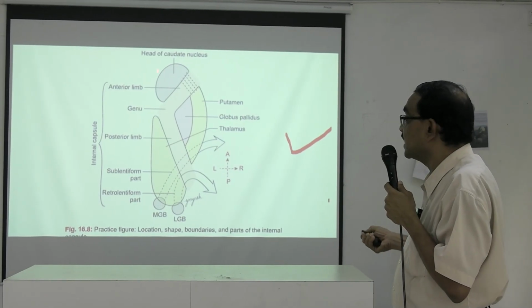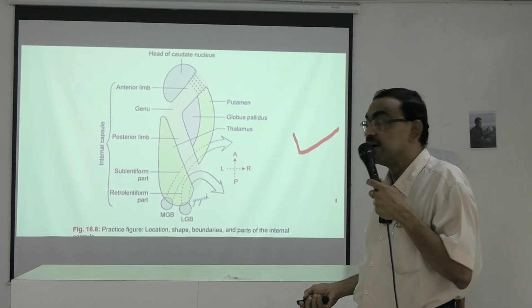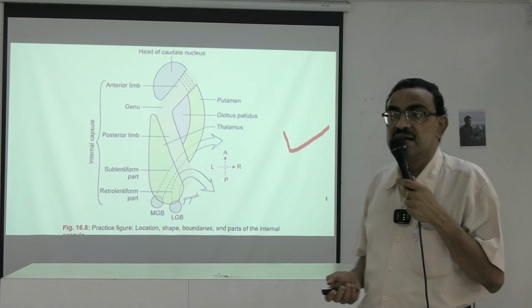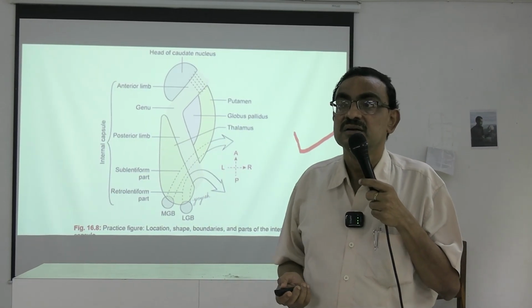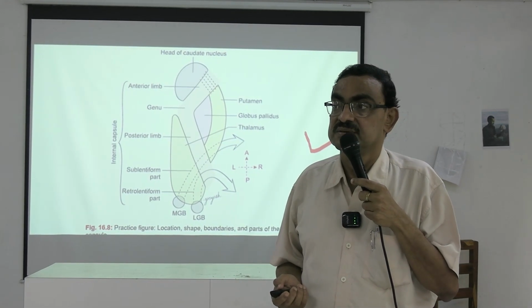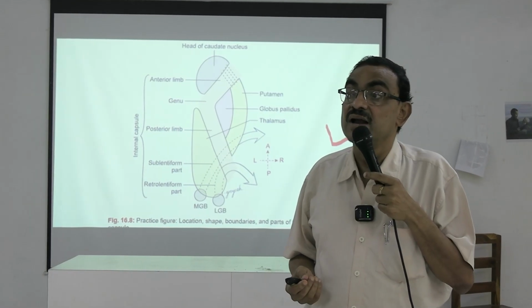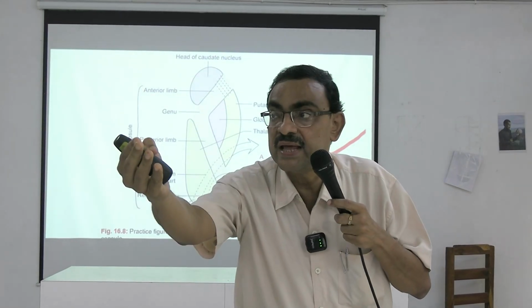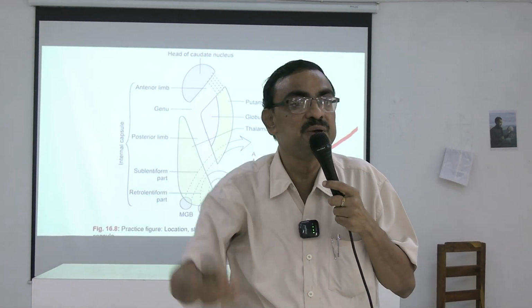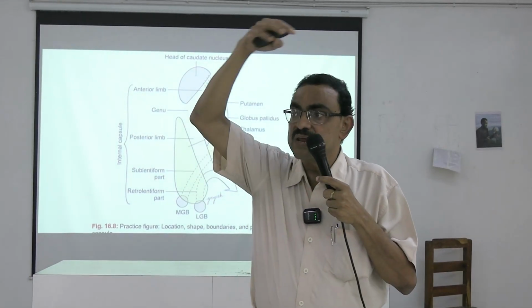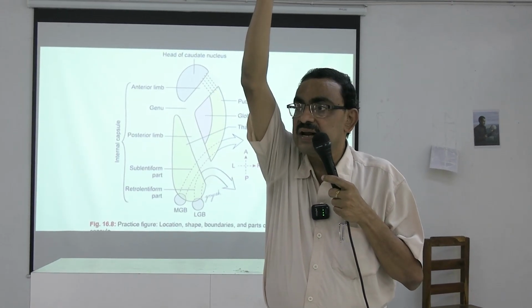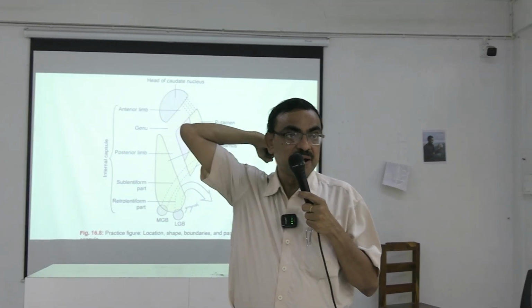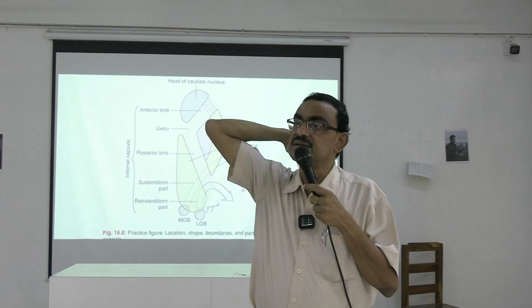They are called the centripetal fibers. Actually, I told you from the thalamus they are coming: from the anterior part of the thalamus, the anterior thalamic radiation; from the superior part, the superior thalamic radiation; from the posterior part, the posterior thalamic radiation.